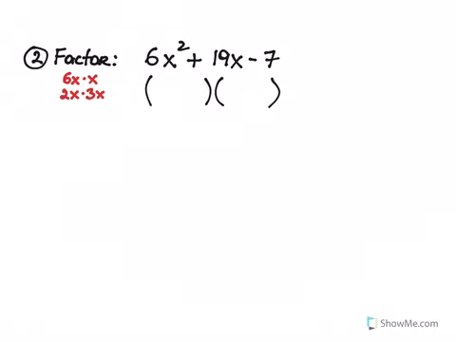To illustrate this trial and error process, let's say I choose to write in my first position of each binomial 6x and x. Now I will look at negative 7. 7 being prime gives me only one choice: 1 times 7 are the two factors that could give me 7.